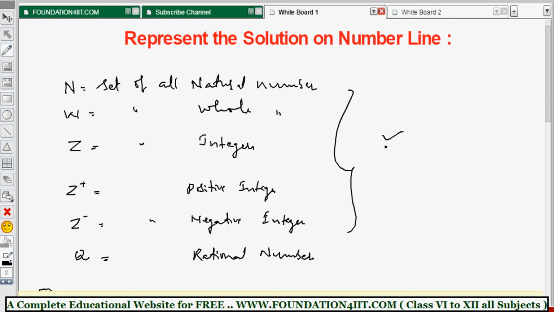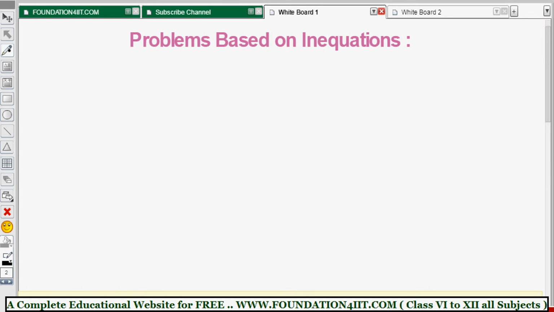Now, to find the solution set, some more sums are explained. Here I will show you some problems related to inequations. According to the same pattern and same method, you can solve similar sums also. Fine, I will explain a few questions first.